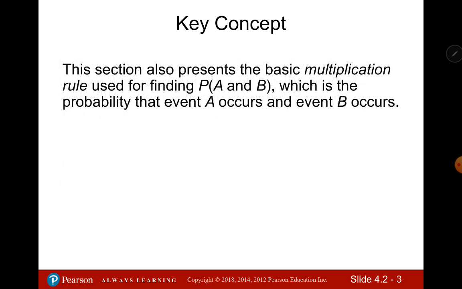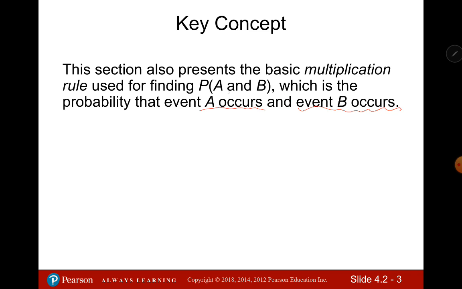For the multiplication rule, we check whether event A and event B both happen.